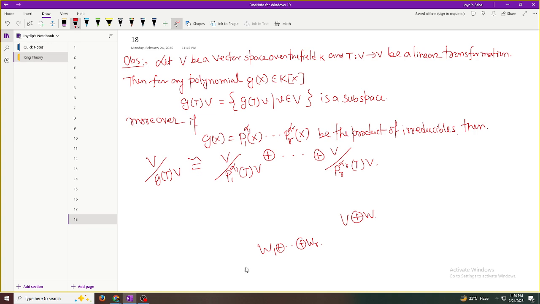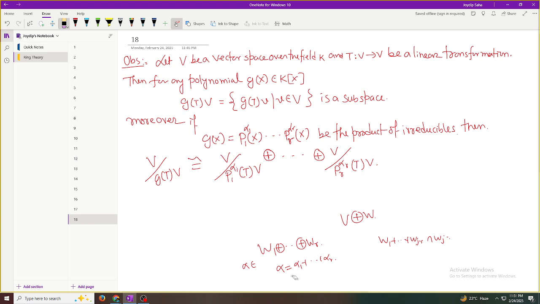Every element alpha can be written uniquely as alpha 1 plus up to alpha r. And if we write W1 plus up to Wj minus 1 intersection Wj is 0 for all j from 2 to r, this is the condition. So these are all equivalent.